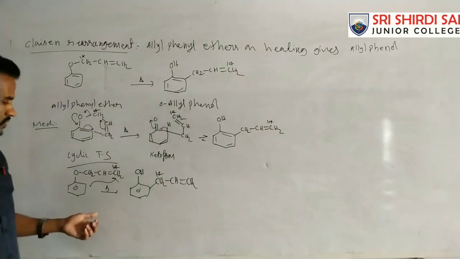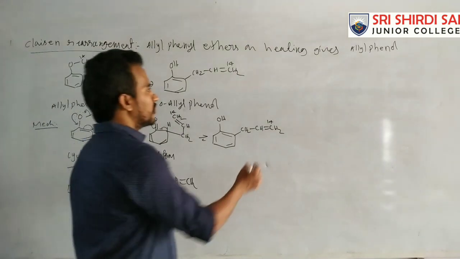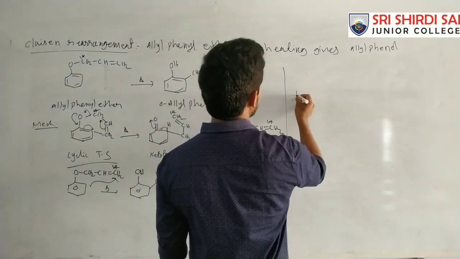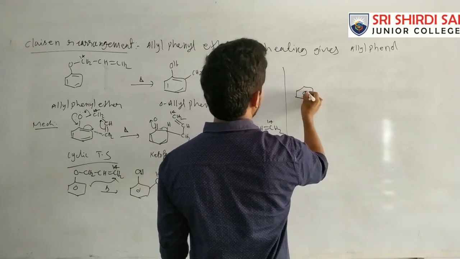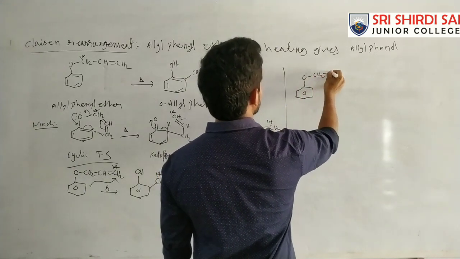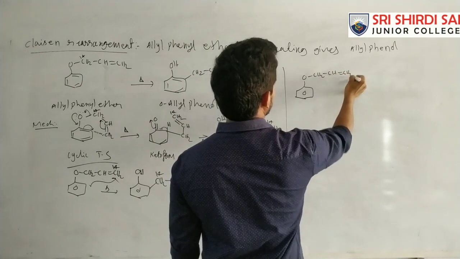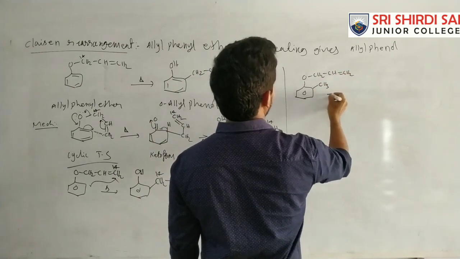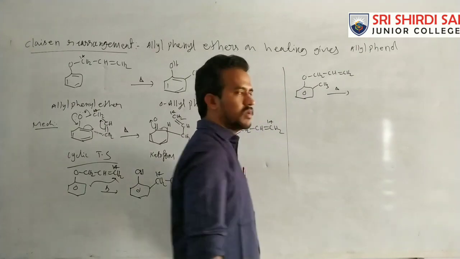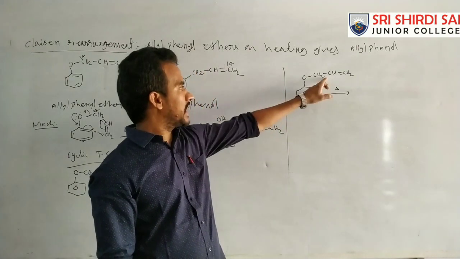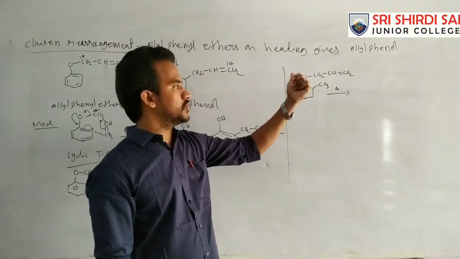Now if one of the ortho positions is blocked, OCH2 CH double bond CH2, and this is the methyl. One of the ortho positions is blocked, so this allyl group is transferred to the other ortho carbon.